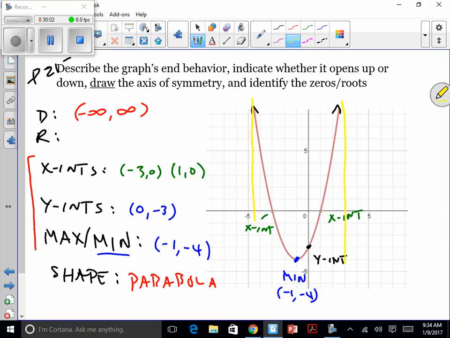Just to show it to you, I can tell the picture starts here and moves over there, and technically it's the x-axis that we're concerned about for the domain. But again, as long as those arrows are there, you're good to go.